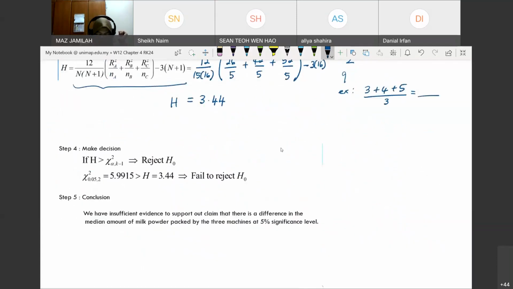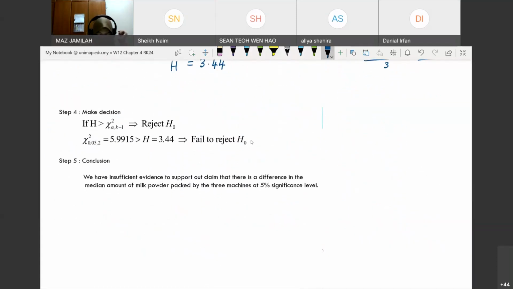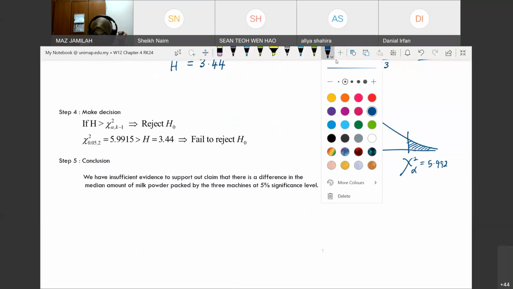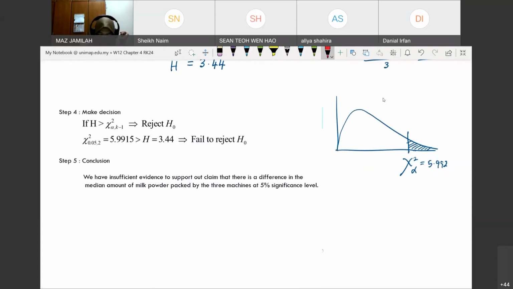And the fourth step will be making the decision. Since we know that we are dealing with this particular distribution, and we have the chi-square critical value, alpha just now, given by 5.992, and this is the rejection region. Now, since your H test is given by 3.44, which is smaller than your chi-square value, let's say this is your H, whose value is 3.44.